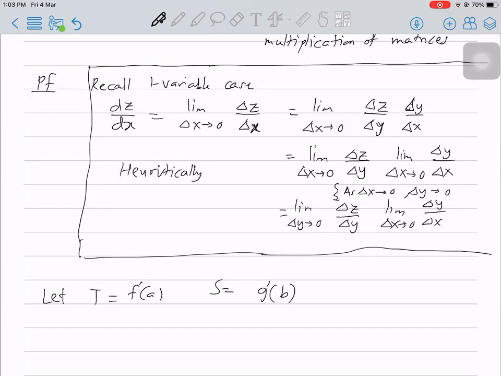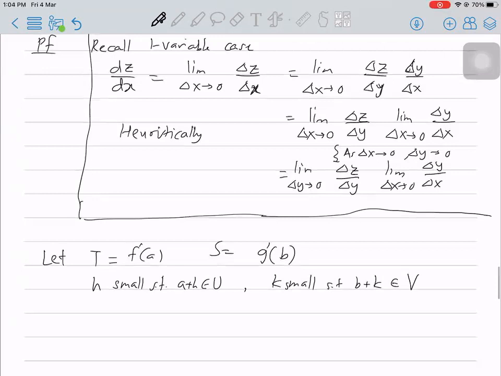So let's take h and k small such that a plus h is in U, and, the word small is really heuristic, such that b plus k is in V. Okay, so what was it that we had?